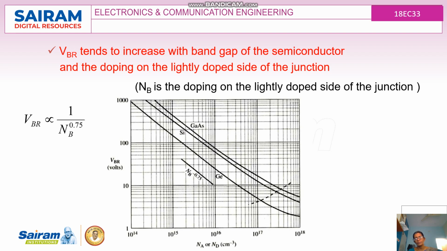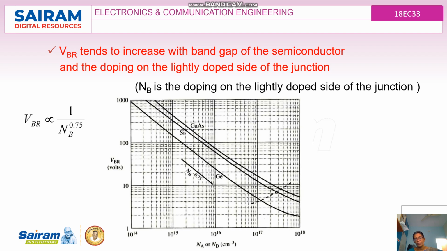That is, even though we have two sides across the junction, the lightly doped layer of the device will decide the breakdown voltage. So the breakdown voltage depends upon the lightly doped region.